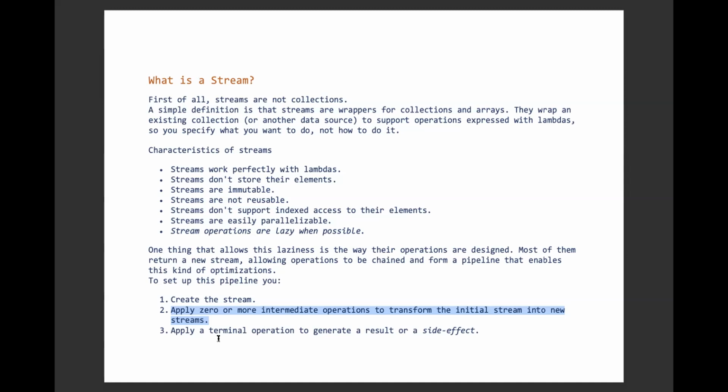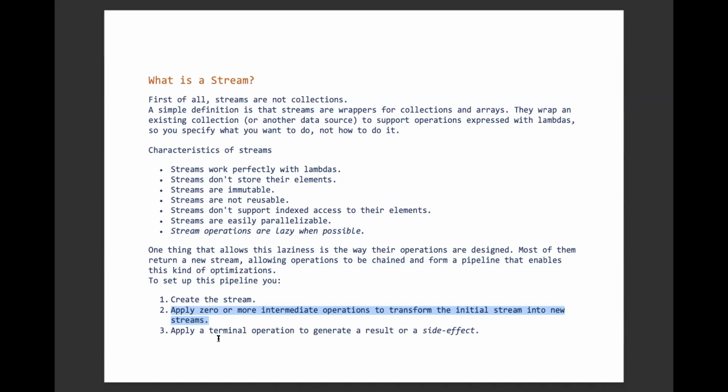Okay. So there are two kinds of operations you can apply on the stream, either the intermediate operation or the terminal operation. Just as a rule of thumb, how do you identify whether some operation is an intermediate operation or a terminal operation? An intermediate operation would always produce a new stream.